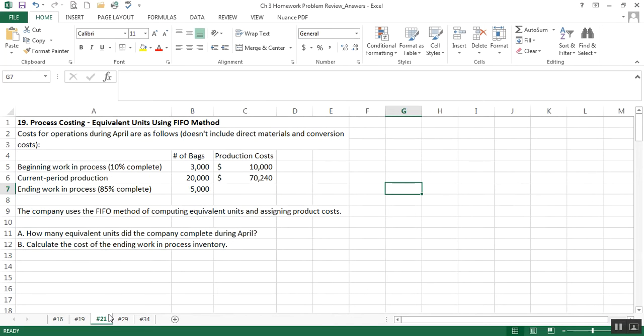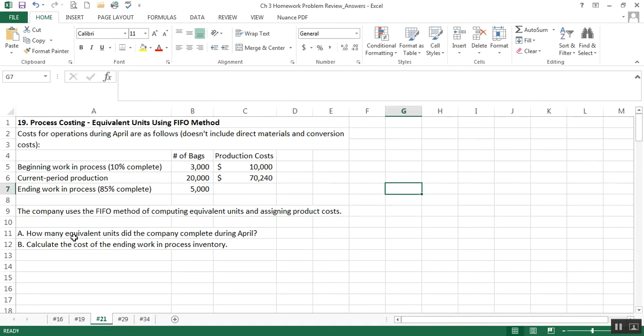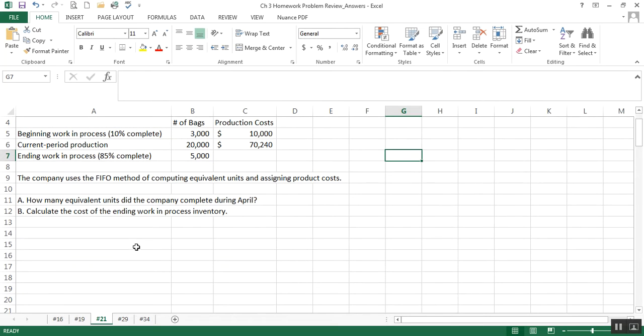Okay, let's look at number 21. Again, here's the cost of operations for April. It's the same information that we just saw in number 19, except this is asking us for the equivalent units that they completed during April, and then to calculate the cost of the ending work in process.